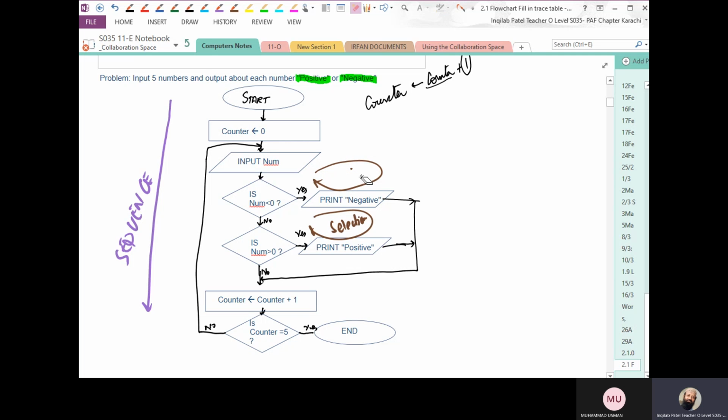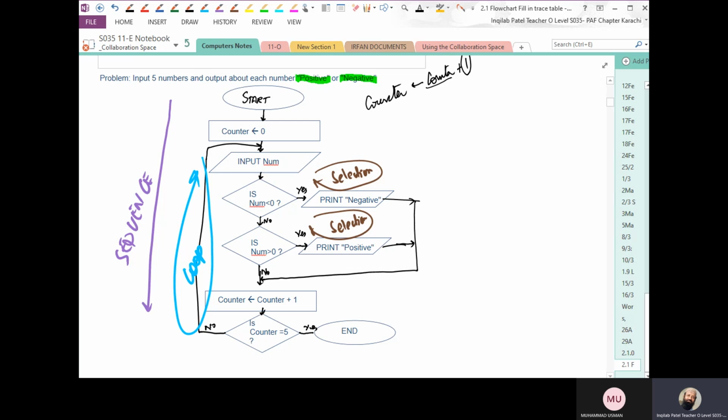And to input values again and again is known as loop. We are going again to input a number. We input a number, perform something, and then we input another number, and we execute these lines again and again. So this is known as loop.